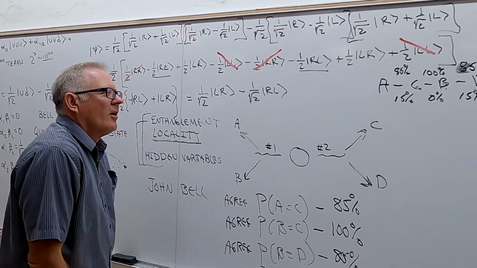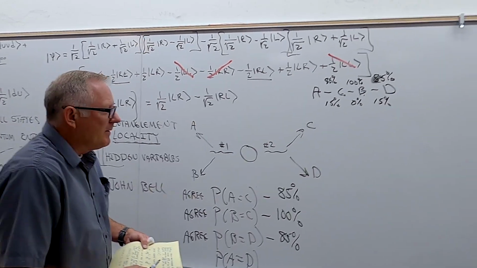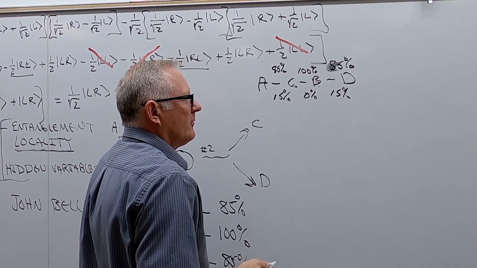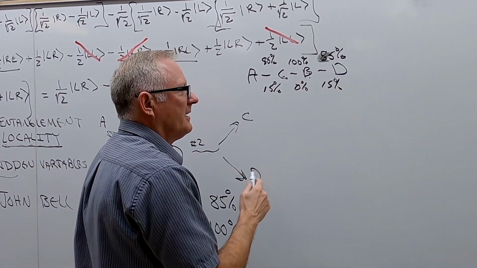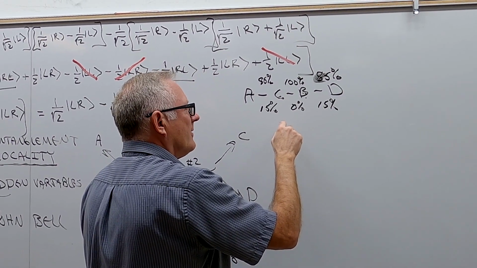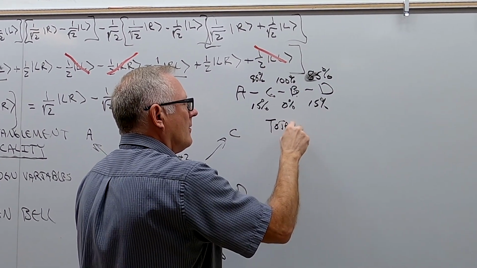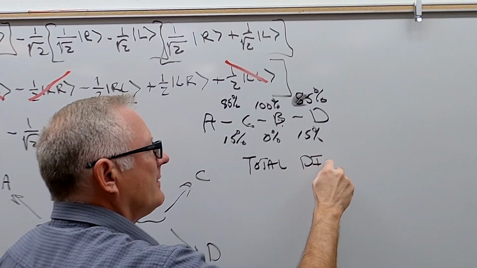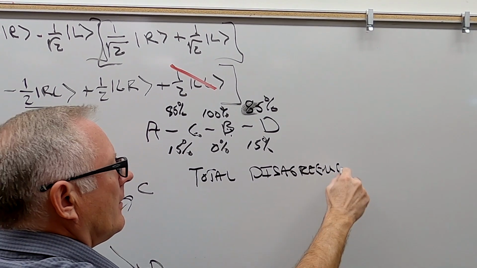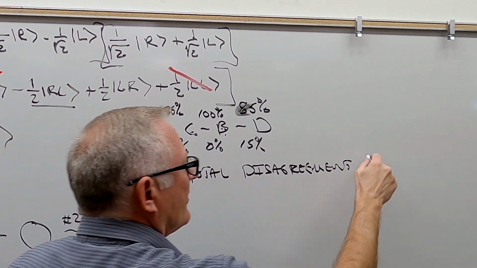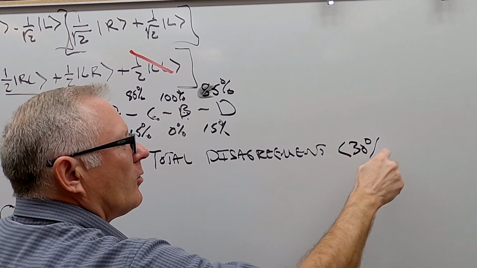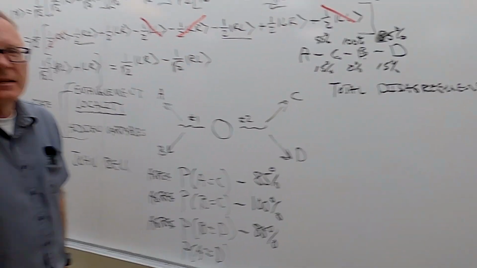So the total disagreement is less than or equal to 30%, because this is the most you could disagree. Or the total agreement must be greater than 70%.